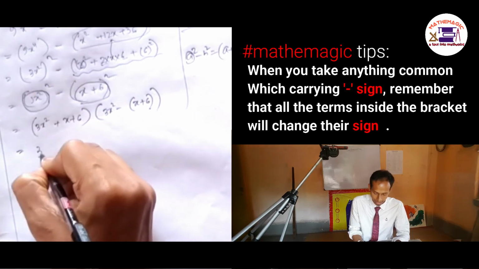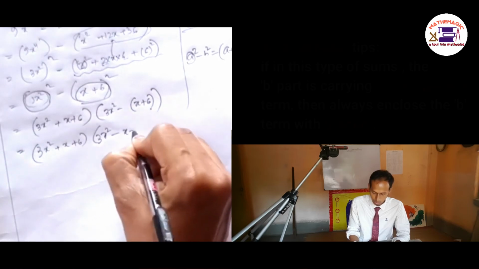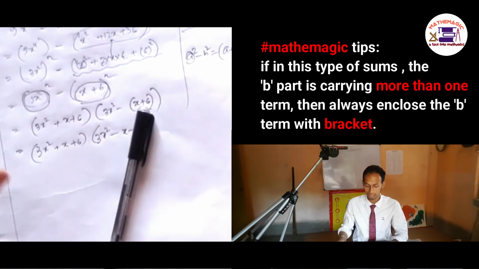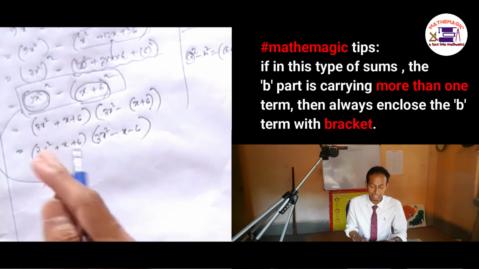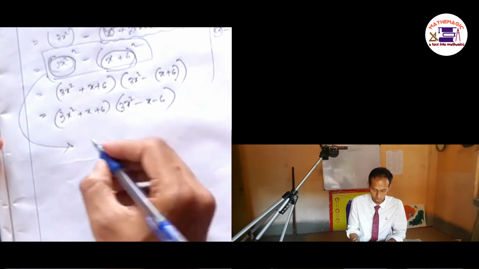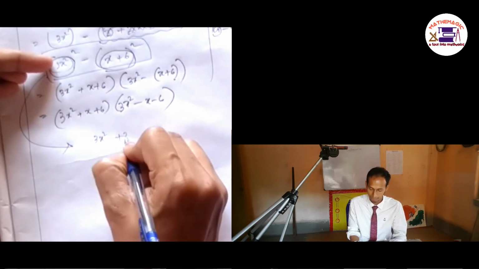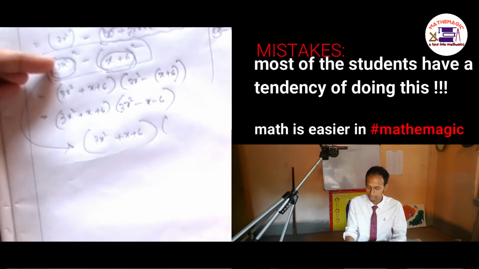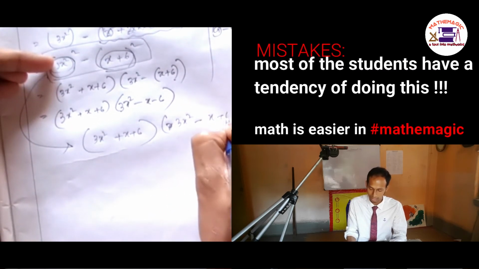Like here you see, this will be the correct one, but most students have a habit of doing this type of steps. See, I'm doing the wrong steps over here. Like our a was 3x square, so a plus b, and the same like a minus b, like this.